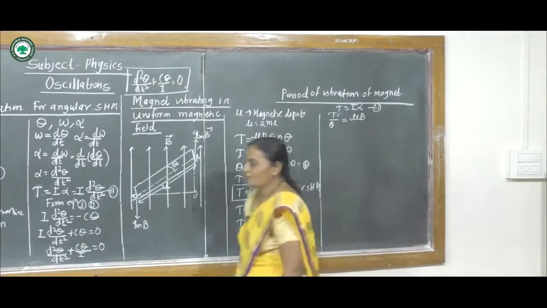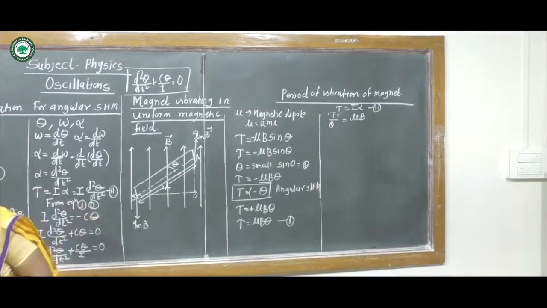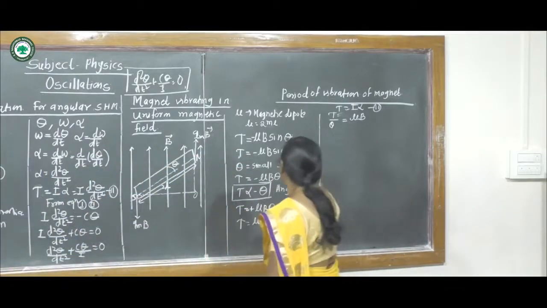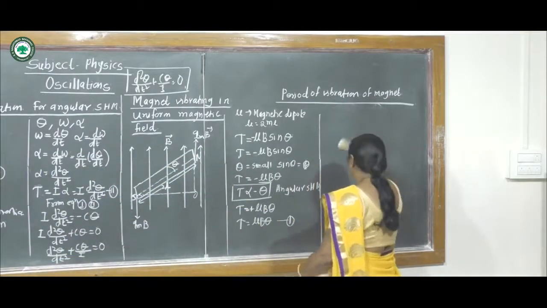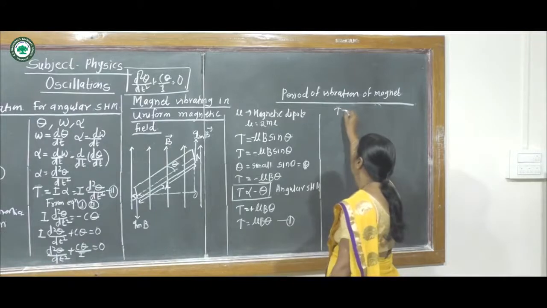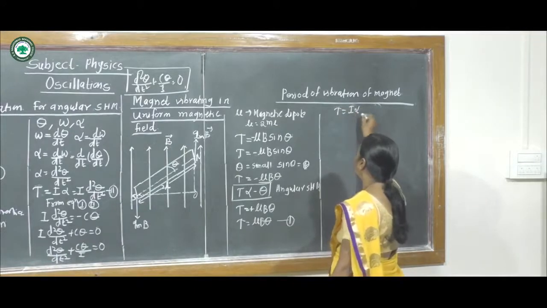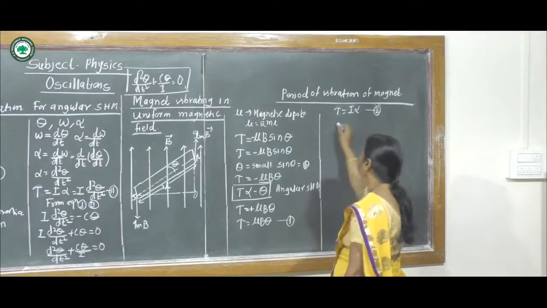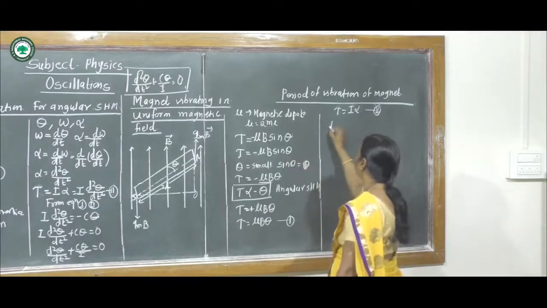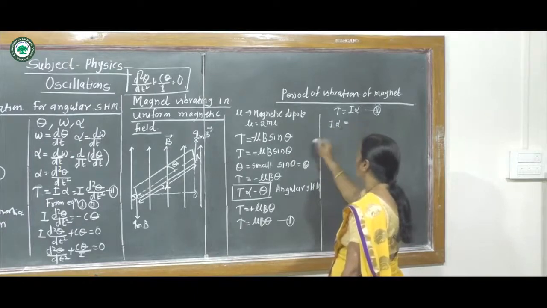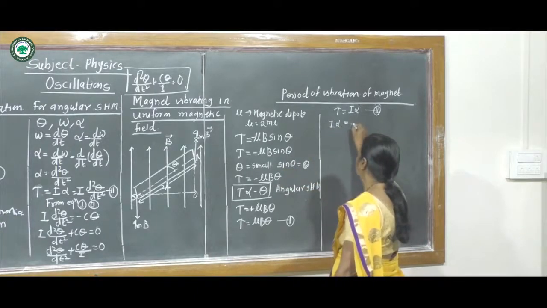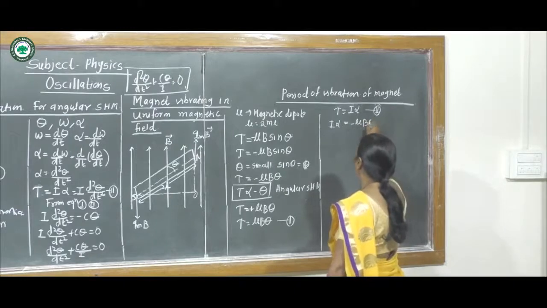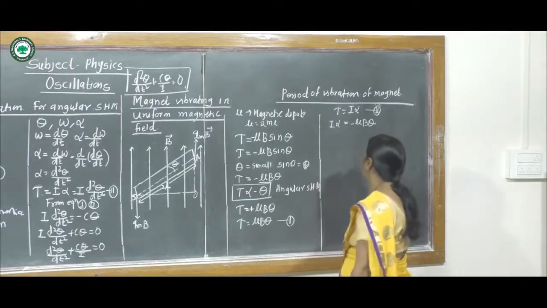Now from equations 1 and 2, we can write I alpha is equal to minus mu B theta.